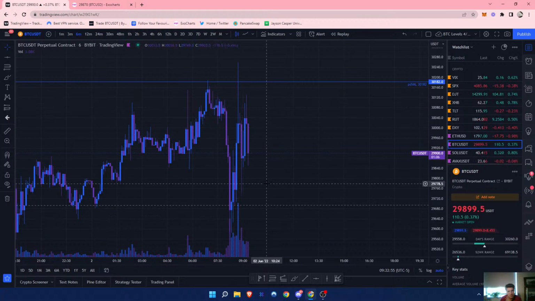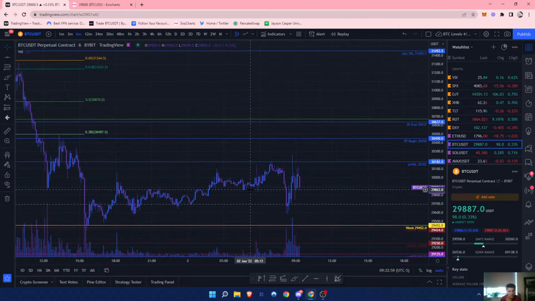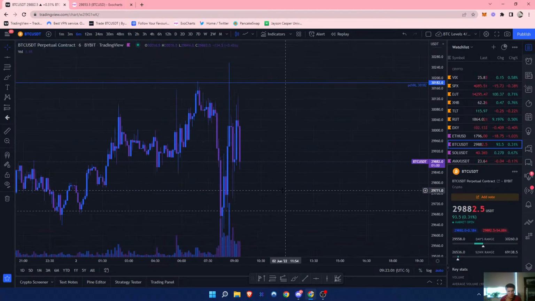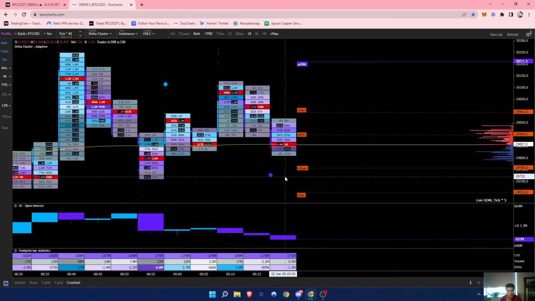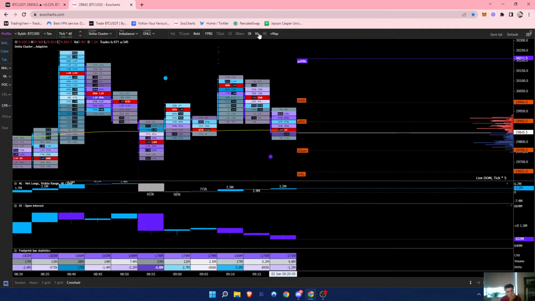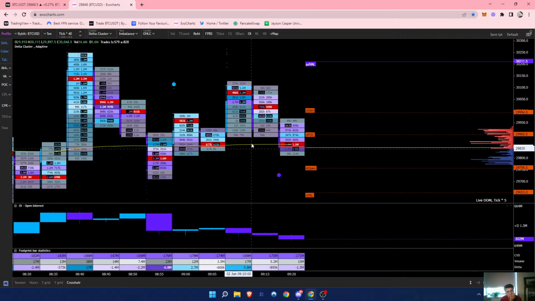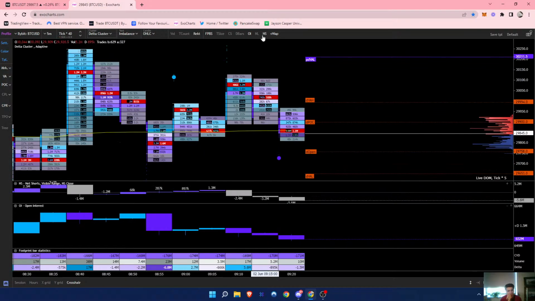So far, it's just been wick, a lot of wicks. I like to see more bodied candles. As you can see, these are just mainly wick candles. So looks like this short's closing out.